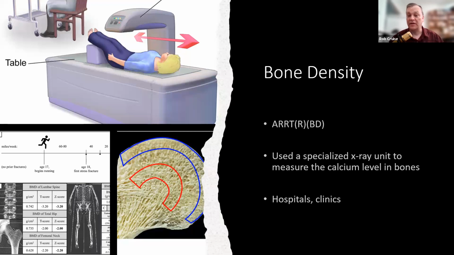And you can calculate exactly how much went through and didn't go through, because you're using a standardized amount of x-rays to go through. So if you have more x-rays go through than the normal, you can say that the bone density is less, so you might have osteoporosis.